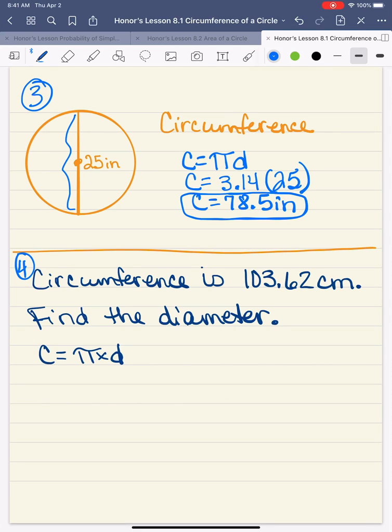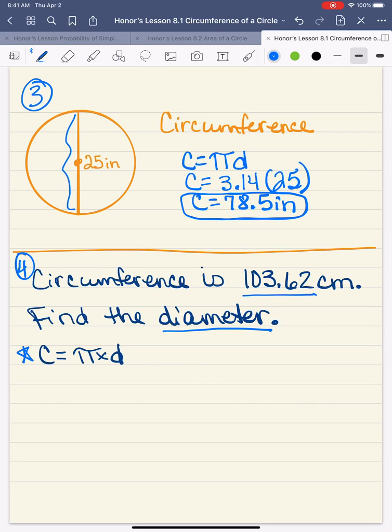Okay, you'll also have some story problems, and some of them are going to give you the circumference and they want you to work back and find the diameter. So example 4, the circumference is 103.62 centimeters, and we are supposed to find the diameter. So we will start with this formula.